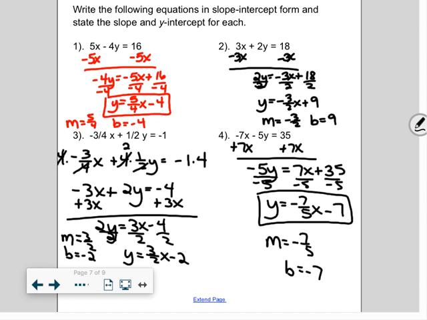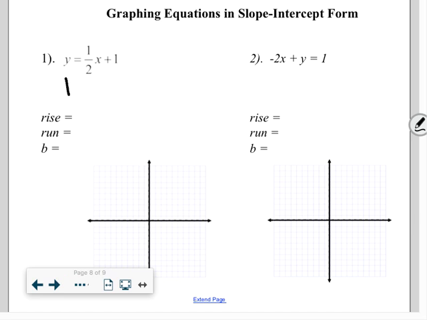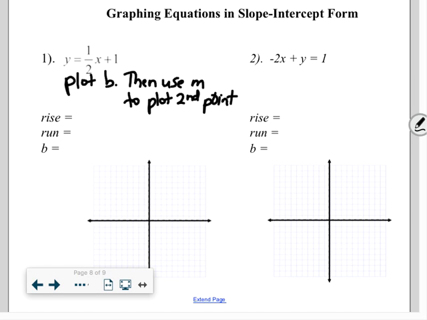So you're going to plot b and then use rise over run to get your second point. So let me refresh your memory here and let's write this down. Plot b, then use m to plot a second point. Okay, write this down in your notes. This will help you when you go to do homework.